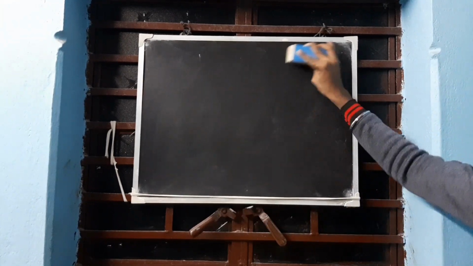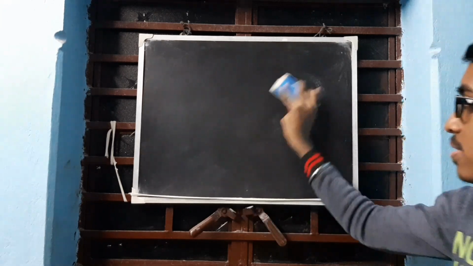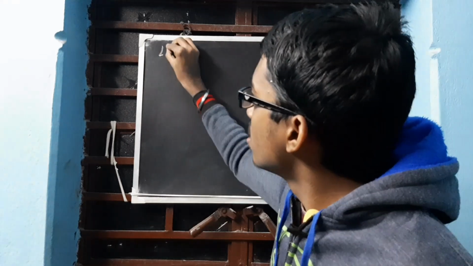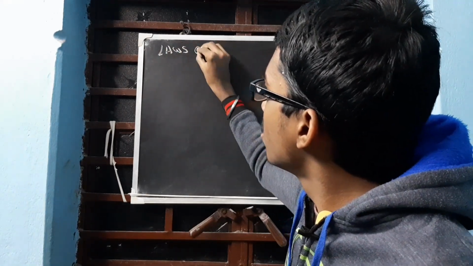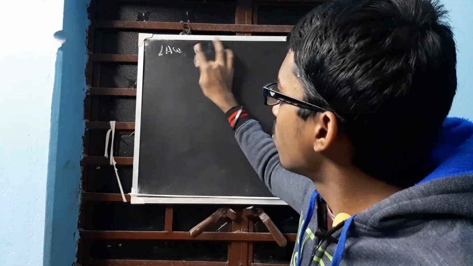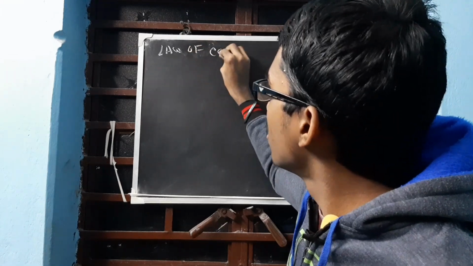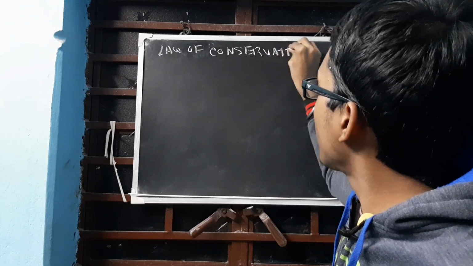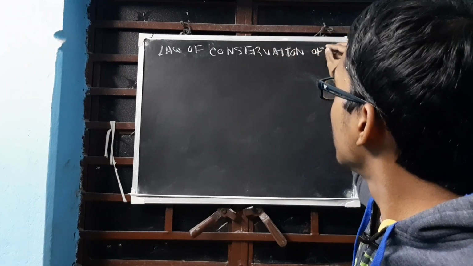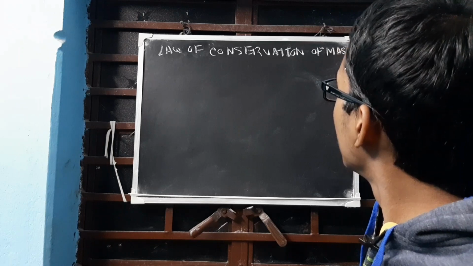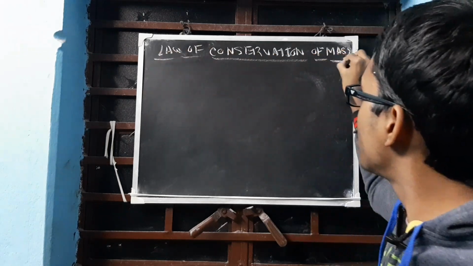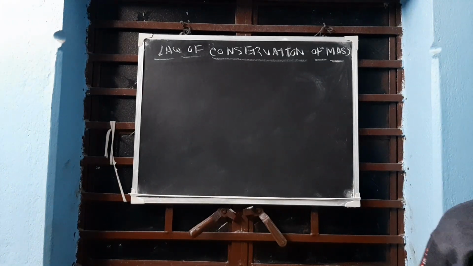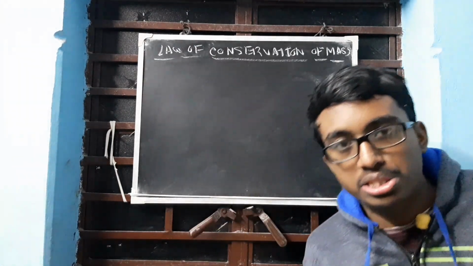Laws of chemical combination. Under this, we will be studying 5 different laws. These are the basic laws that govern chemistry, that govern the chemical combinations.